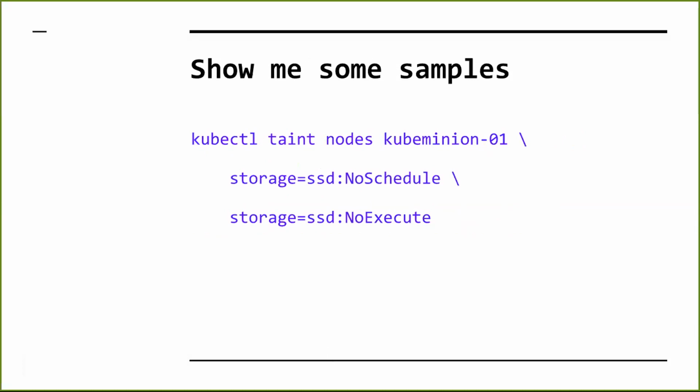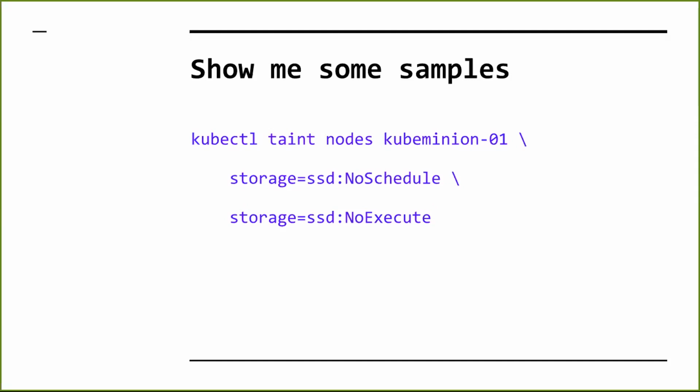Here storage is the key and SSD is the value, and this is the effect. It means that the node called kubeminion-01 is tainted with a key called storage, whose value is SSD, and the effect is NoSchedule.